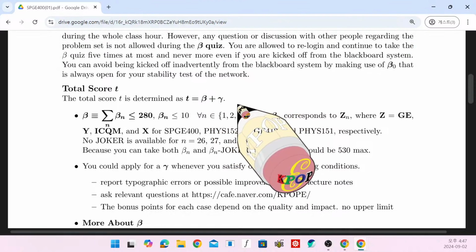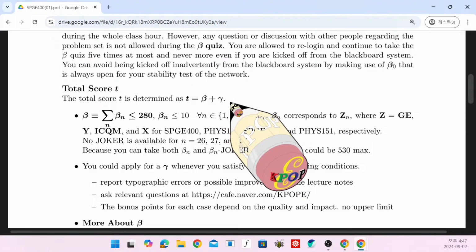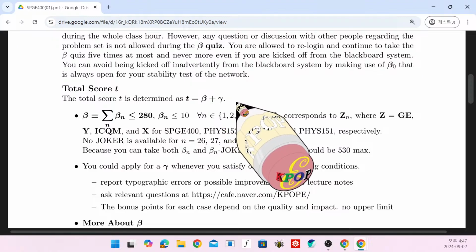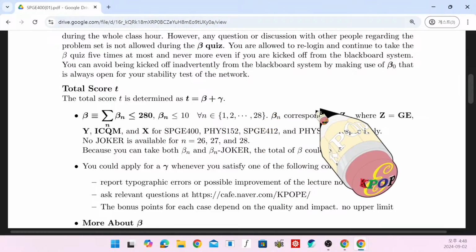And gamma is given for any useful question. It does not depend on your question's quality. The amount of gamma depends on my answer. So please make me concentrate on your question and make a good reply. Then you will get a gamma.